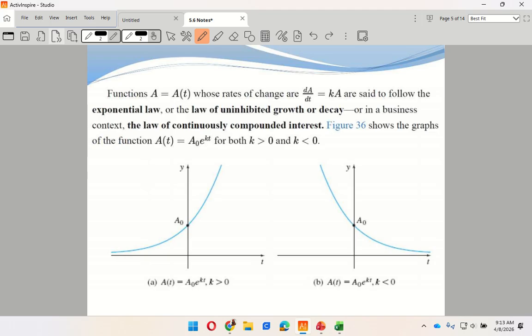There is a limited amount of resources in our environment. So what resources we currently have, we have a limited amount, so our population growth is inhibited. Uninhibited would mean that it can go on forever and keep going. As we start colonizing other planets, there we go, then we're going to find more resources.